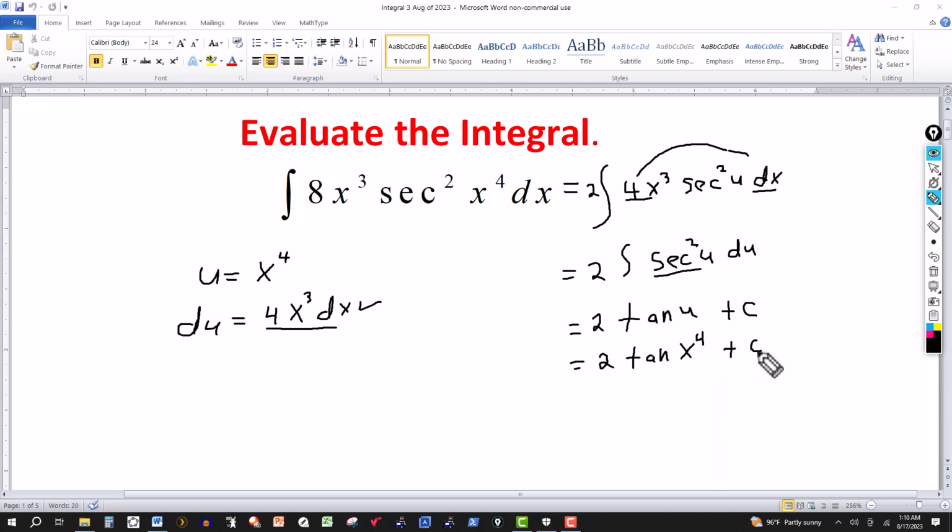And when you get time, get in the habit of checking your answer. Unless you're hurried, you're taking a test or something like that where you just want to get as many answers right as you can. This is the answer.